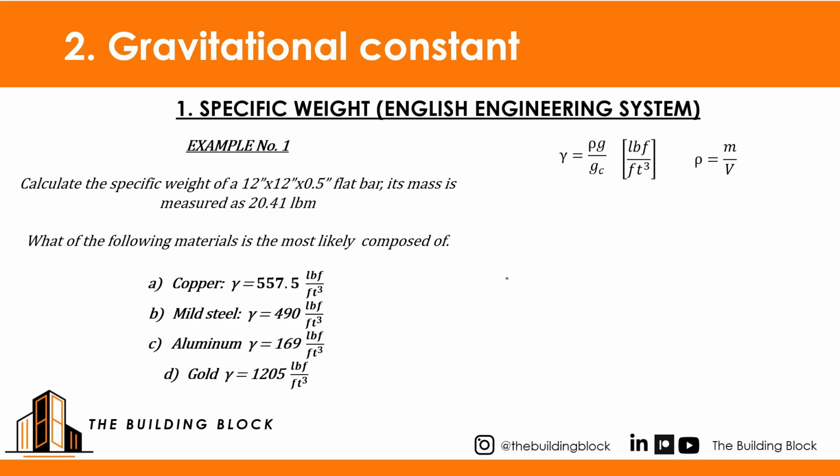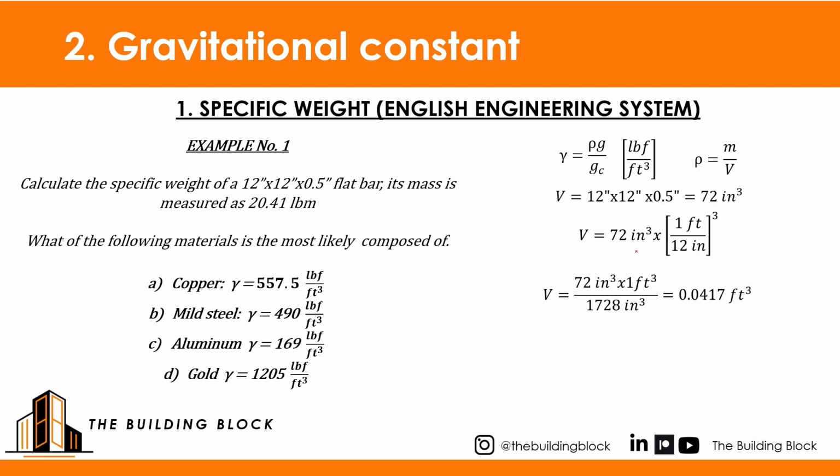Firstly, let's go over the equations and units for specific weight. The volume is calculated by multiplying the dimensions. 12 times 12 times 0.5 results in 72 cubic inches. I don't like to learn a lot of conversion factors, so I stick to the basics. I know that 1 foot is equal to 12 inches.